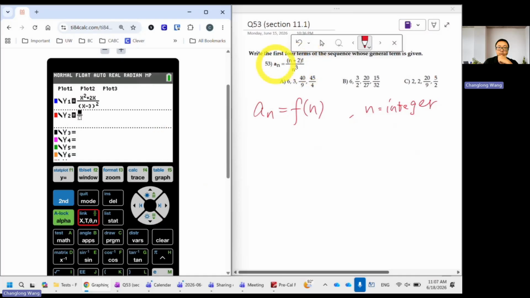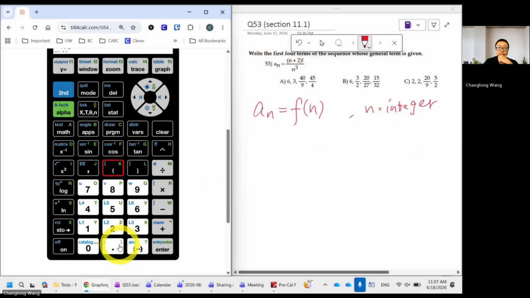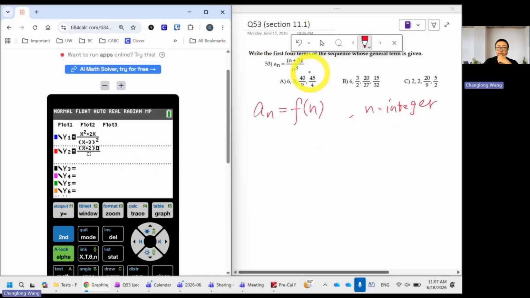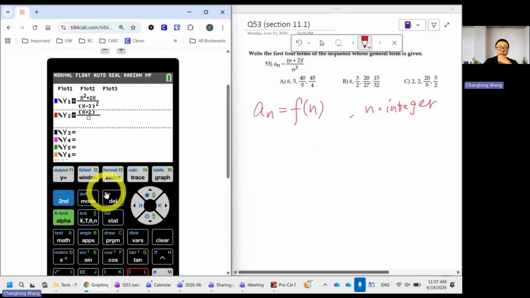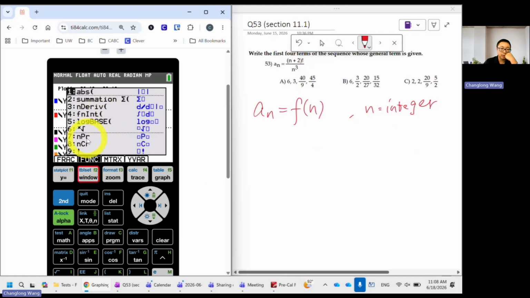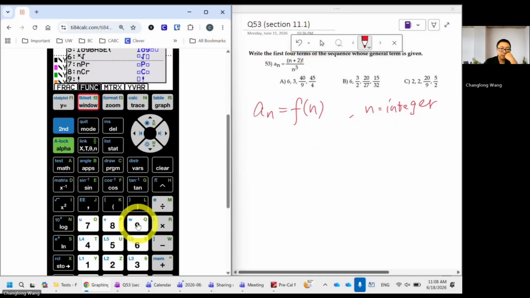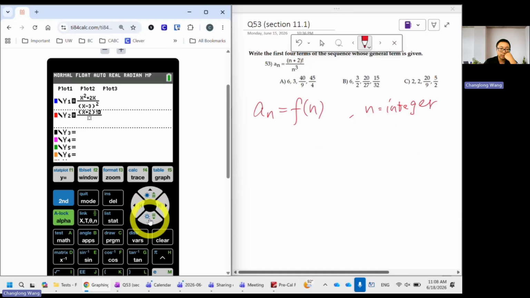Okay, so I do like the fraction structure. All right, so I'm going to put in, instead of n, x plus 2, right? Don't forget the factorial. Now on the TI-84 CE, you can go alpha window and hit number 9 to get a factorial, right?